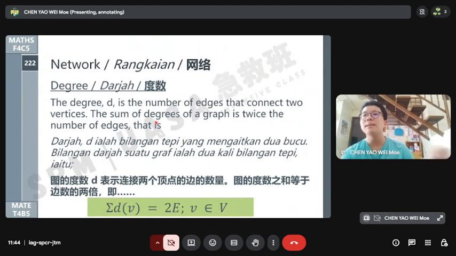The formula is: the sum of the degree of vertices equals twice the number of edges. The small v is an element of the big V.